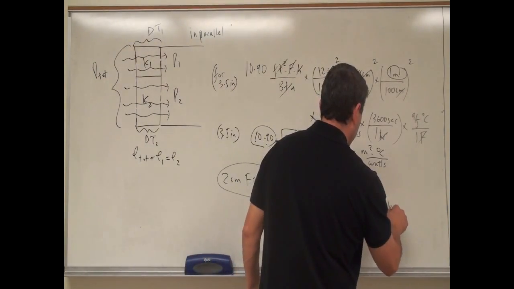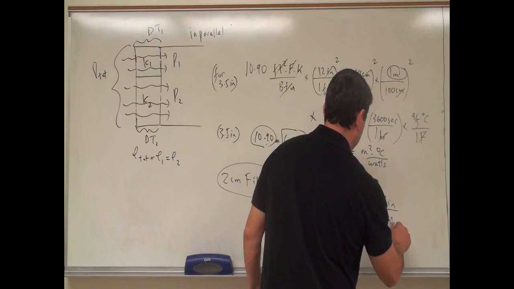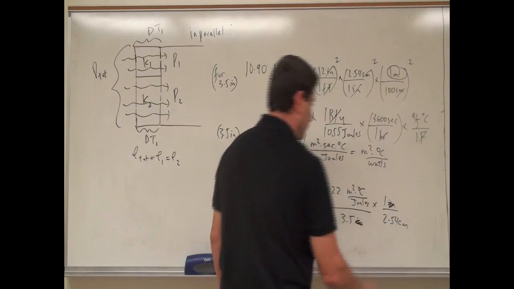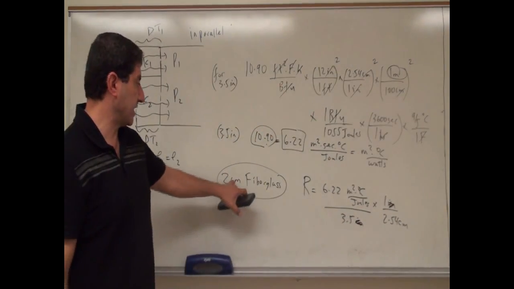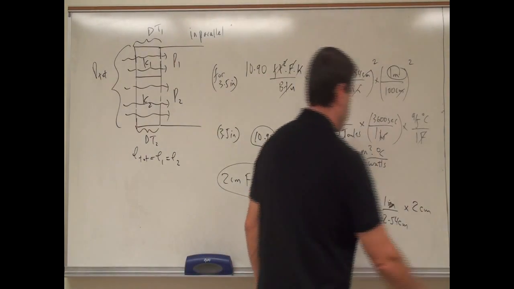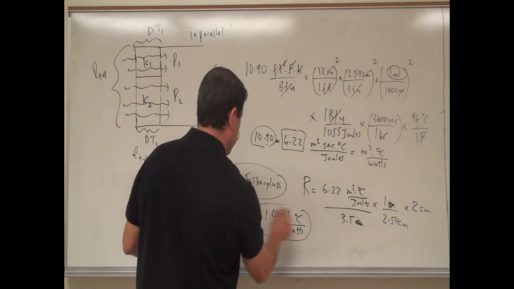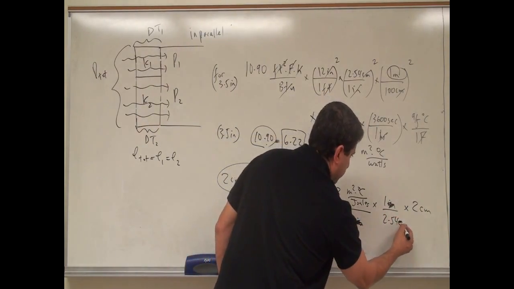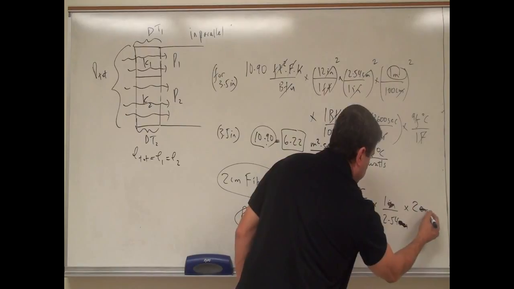I can say 1 inch is equal to 2.54 centimeters, and then the inch cancels the inch, right? Then I multiply this by the actual thickness of the fiberglass. So I get here 2 centimeters, right? So look at what happened to the units. The inches canceled the inches, and the centimeters canceled the centimeters, right?